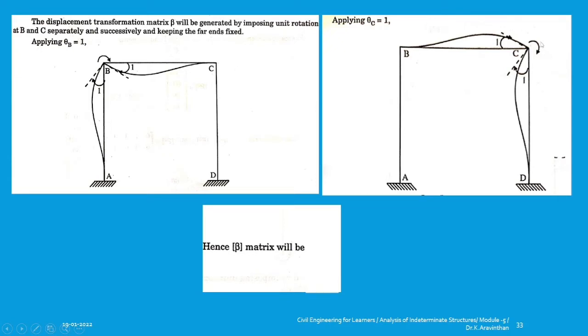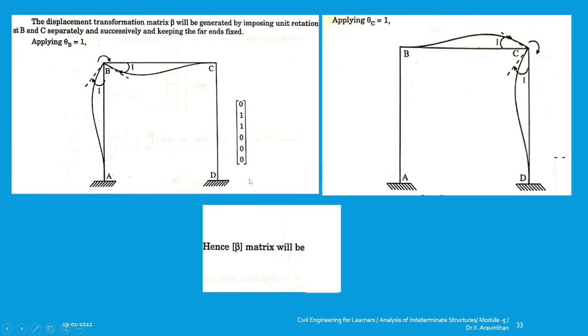You have to apply a unit load at the joint B, and if you apply one here, how many element coordinates are there? There are 3 number of elements and you have 6 number of coordinates. You will be getting 0, 1, 1, 0, 0, 0.